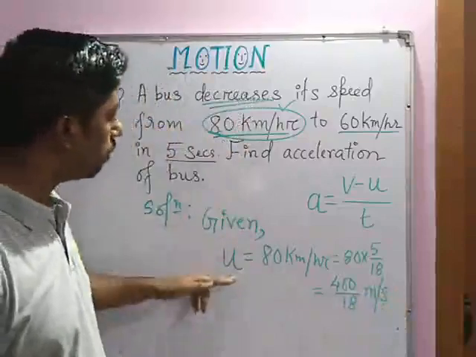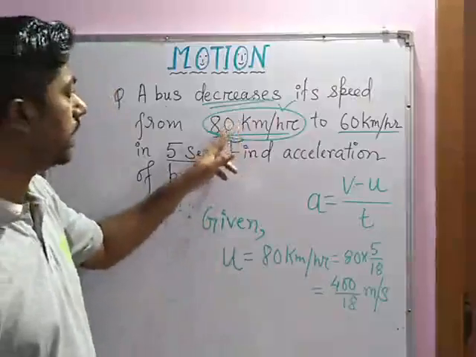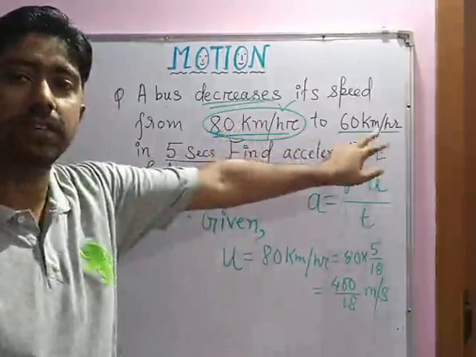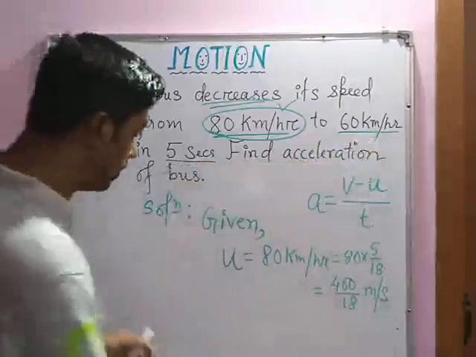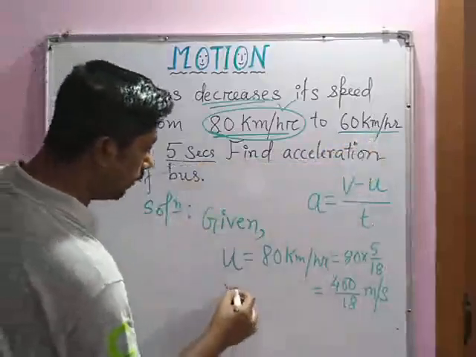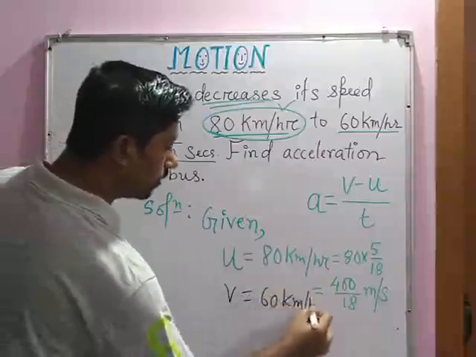Now, since we have found U, the question says that the bus changes velocity from 80 km per hour to 60 km per hour. That means the final velocity is 60 km per hour. So in the next step we write V is equal to 60 km per hour.